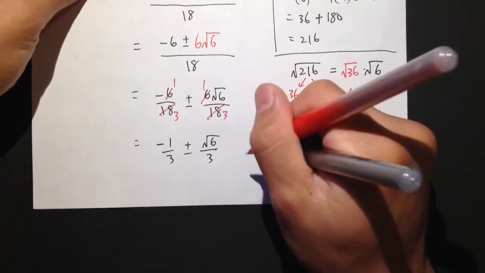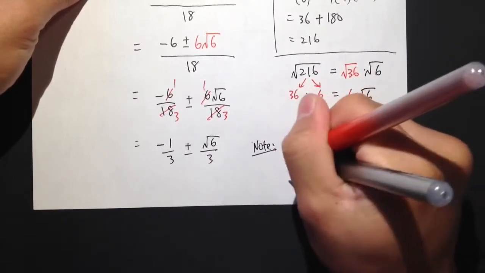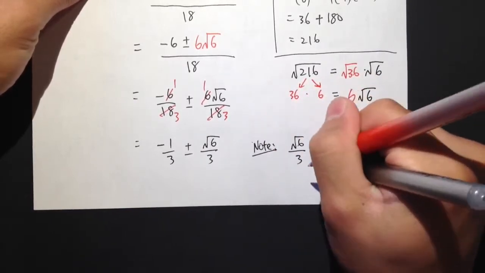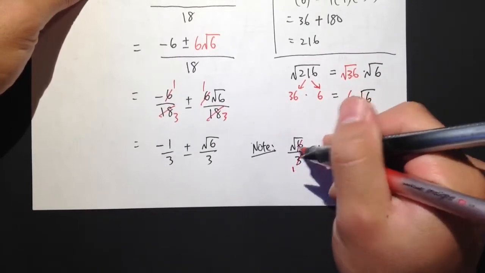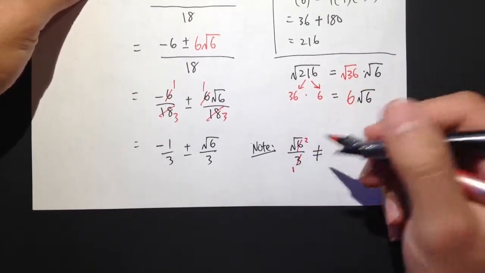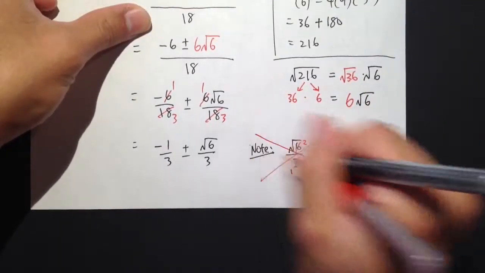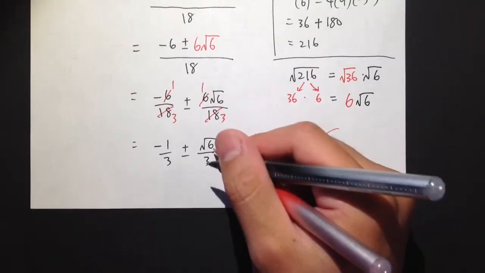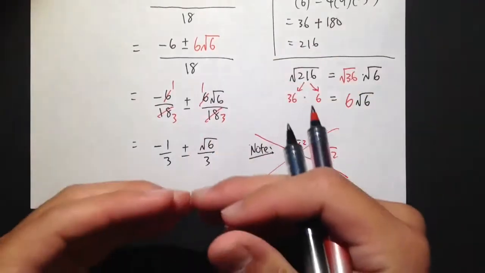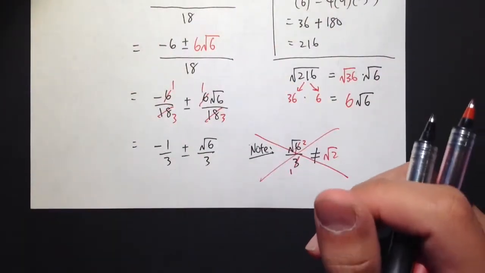So let me put a note on the side. Square root of 6 over 3 like this is not the same as saying I want to cancel out this to become 1, I want to cancel out this to become 2. I cannot just divide and say this is equal to square root of 2. This is incorrect. We can only do simplification if both numbers are inside of the square root, or they are both outside of the square root.